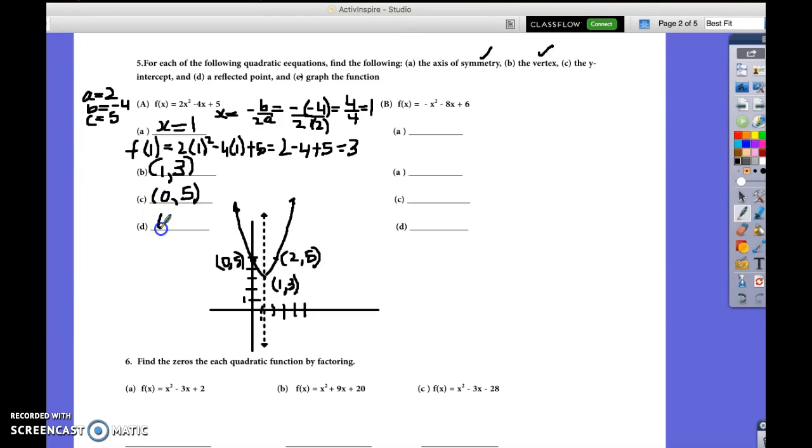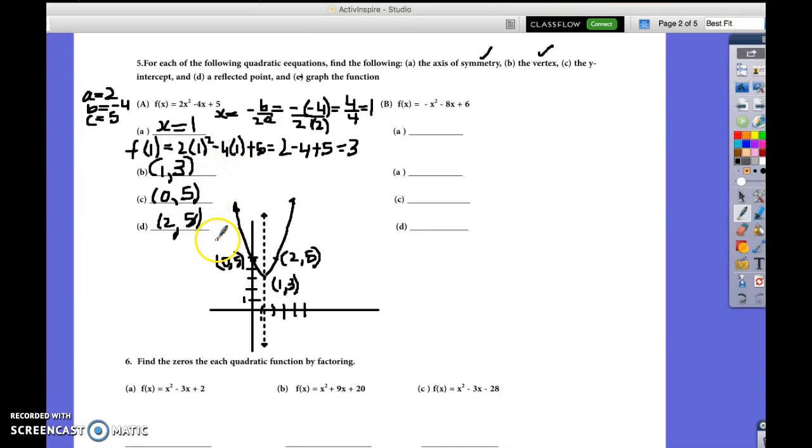So that would be the end of it, 2, 5. Alright, so you have to just go over this step by step, replay it if you need to, so you know how to do this.